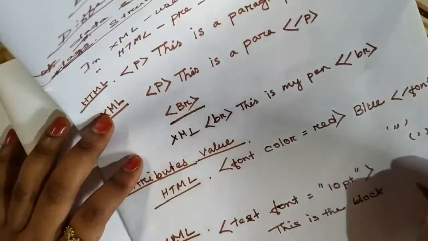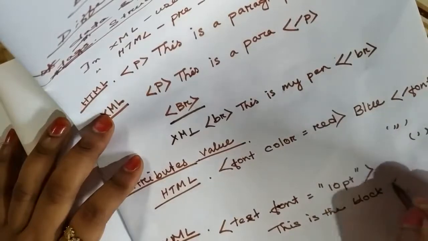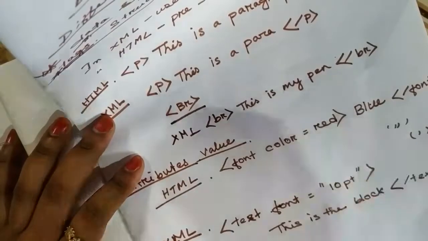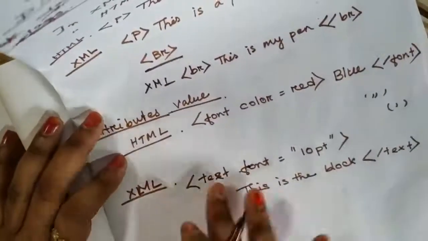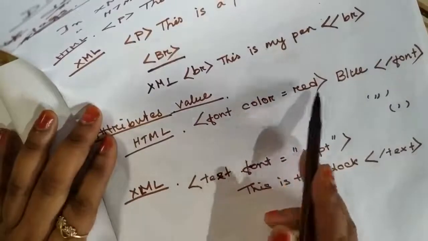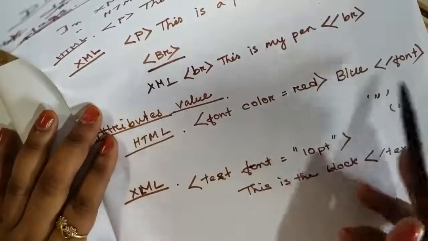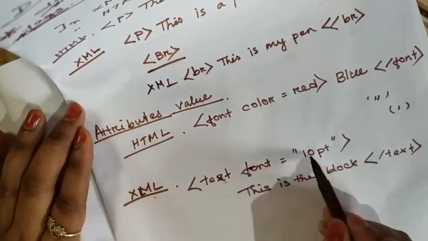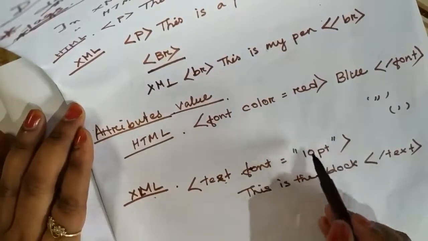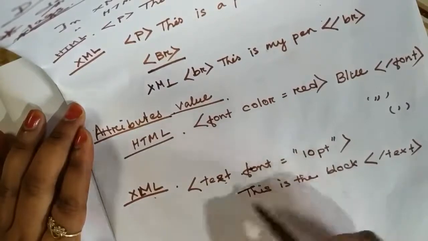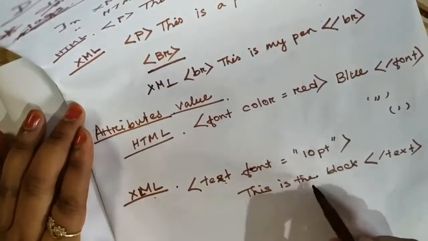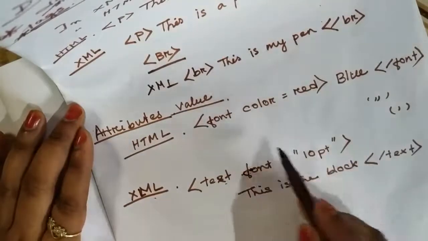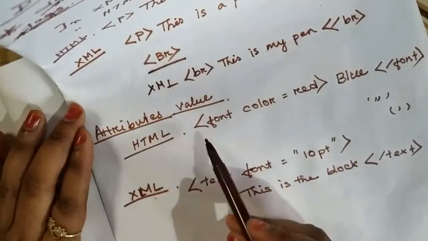This is a simple example. Then close the text. So see the differences. In HTML, no need to give double or single quotation in the attribute values, but in XML you have to give it like this. This is the simple difference between attribute values in HTML and XML.